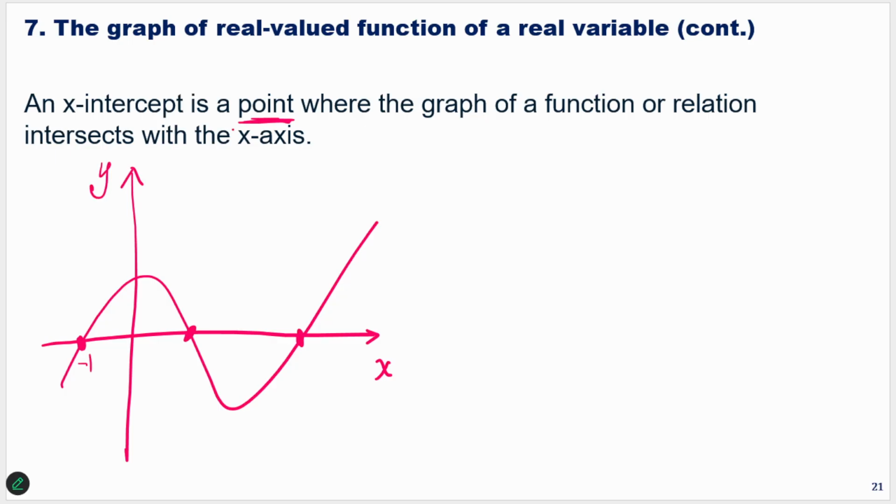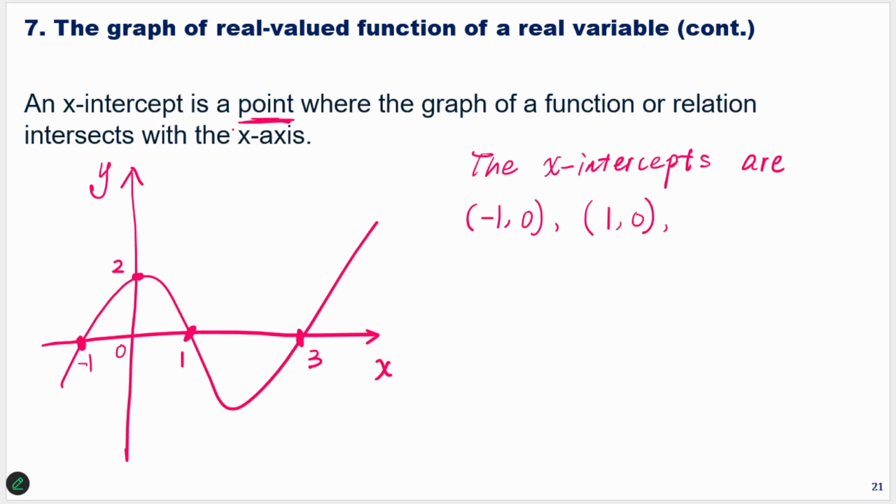Let's say the x coordinates are -1, 1, 3, and here we have a point 0, 2. So in this case, the x-intercepts are, according to the definition, points, right? So technically speaking, you should specify both the x and y coordinates. So the x-intercepts are -1, 0. Second point is 1, 0. And third point is 3, 0, right?